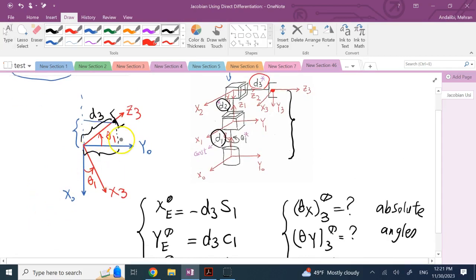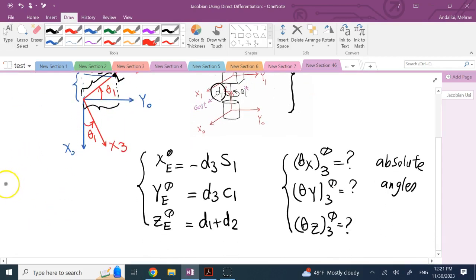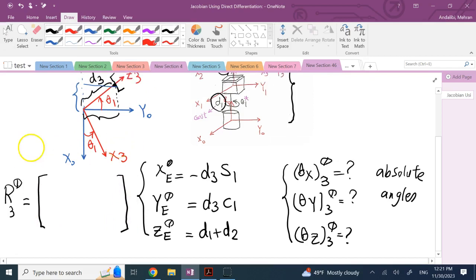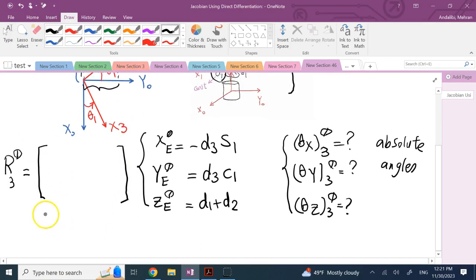So in this case, if you look at here, I can get you easily the rotation matrix of frame 3 in frame 0 by simply projecting the 3 axes of frame 3 on the 3 axes of frame 0. So the first one is basically x3 as described in x naught, y naught, z naught.